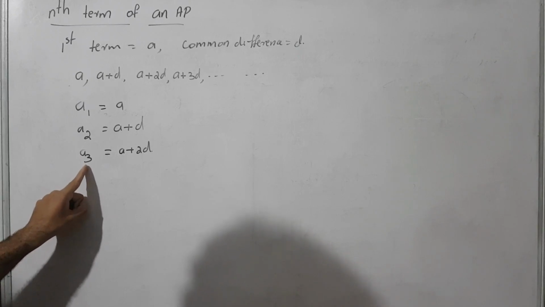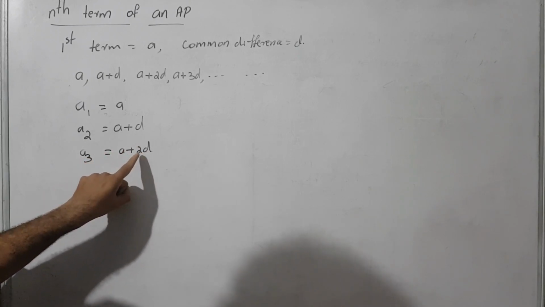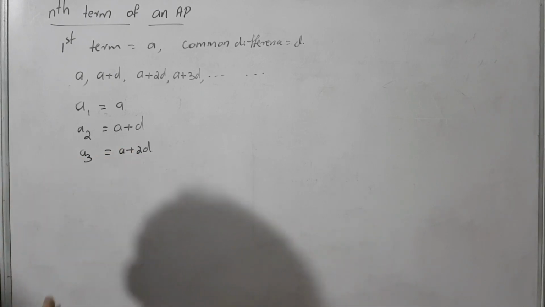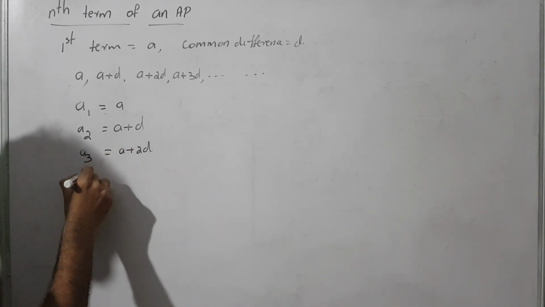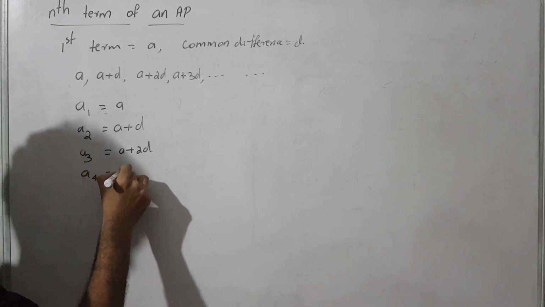To find the third term, how many times do we add the common difference to the first term? 2 times.